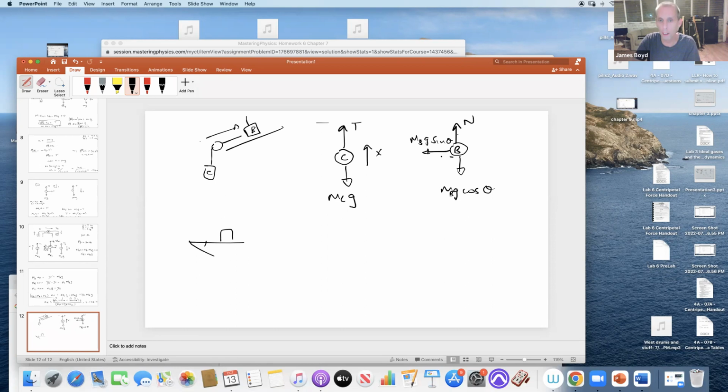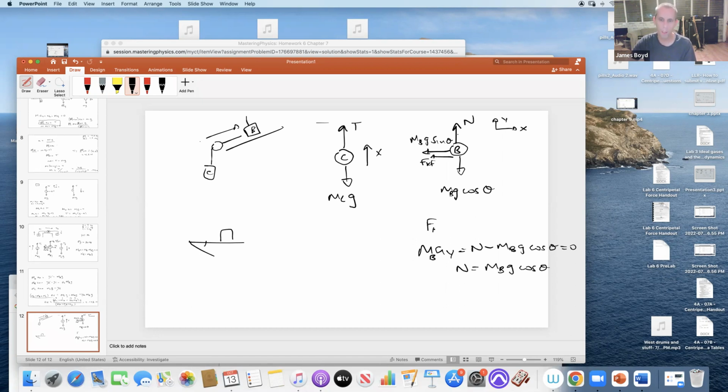But we also have friction. So we have this force of friction, not static, kinetic. Now this is going to be my x and this is going to be my y. For the y, for the book, n minus m_book g cos theta is 0. So the normal force on the incline is m_book g cos theta.